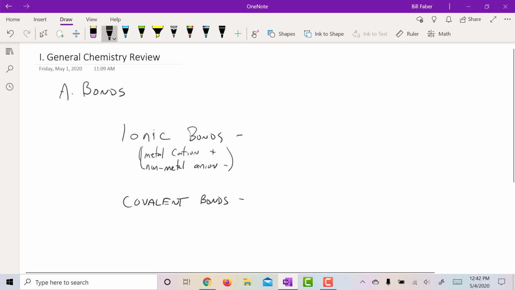And really what an ionic bond is, it's basically oppositely charged ions attracted to one another.